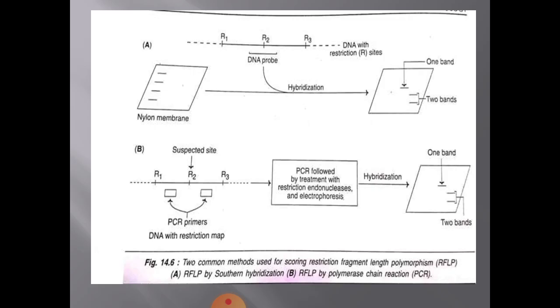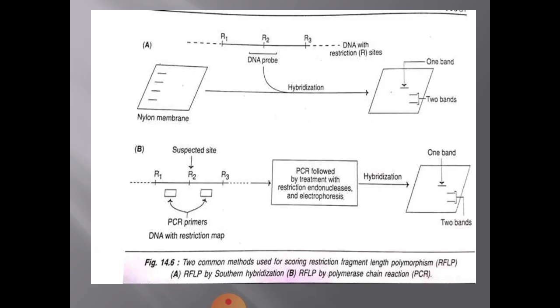Here you can see the same DNA piece with restriction sites R1, R2, R3, and you are suspecting R2, right? The suspected site is R2. You will put PCR primers on either side of the DNA, with the restriction map. Then you will run the PCR. Then you will treat it with restriction endonuclease, then subject it to agarose gel electrophoresis.